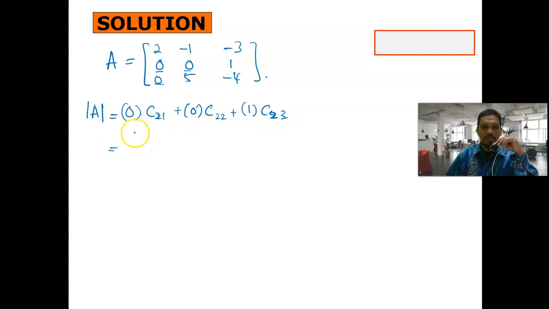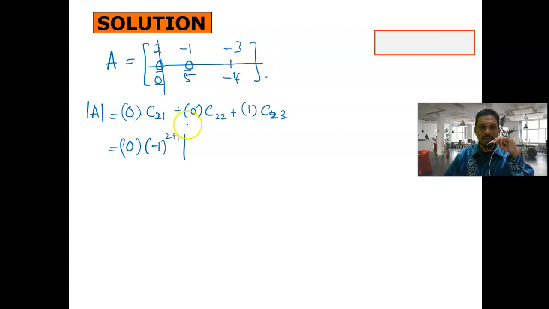Okay, so you just name it 0 and -1 to the power of 2 plus 1, and may call the determinant here minor here. When we delete second row and the first column, so we got -1, -3, 5, -4, plus with another 0 here, and -1 to the power of 2, 2. So 2 plus 2.